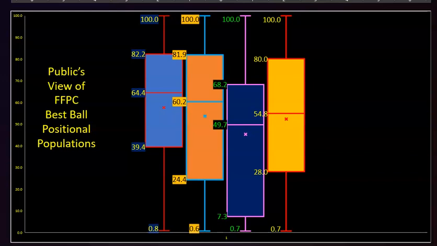To remind you what a box and whisker is, the box is 66% of the population. So the 82 to 39 is where 66% of quarterbacks are sitting in this ADP FFPC best ball environment.